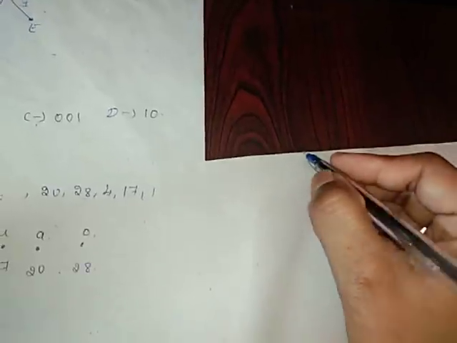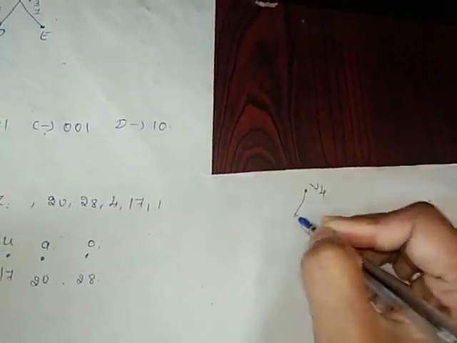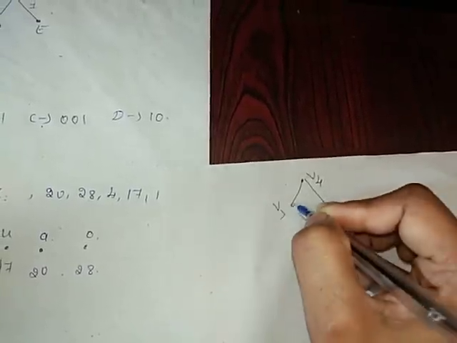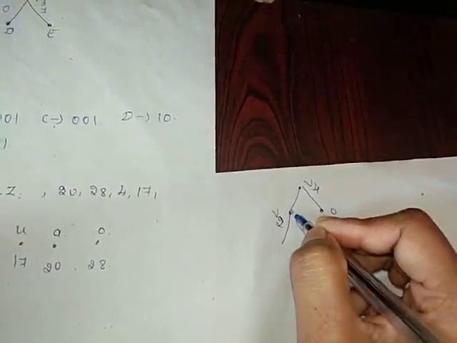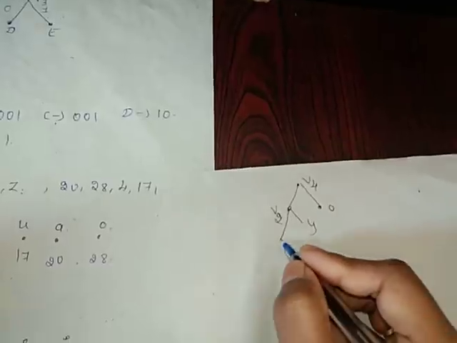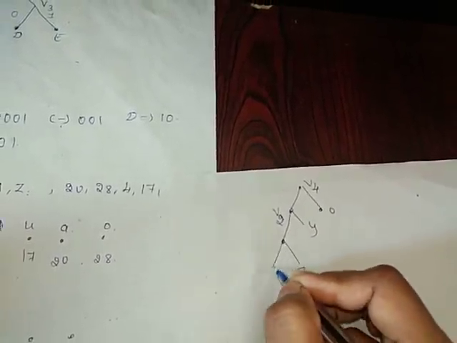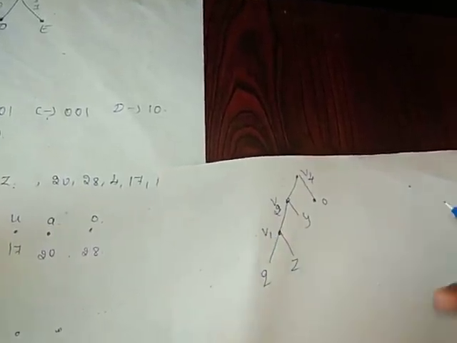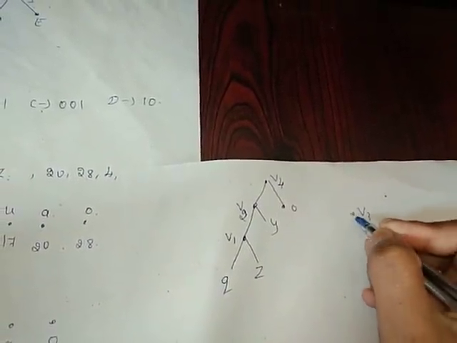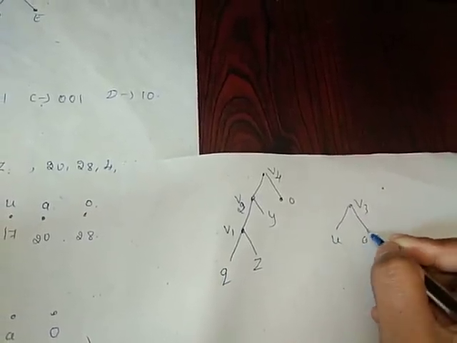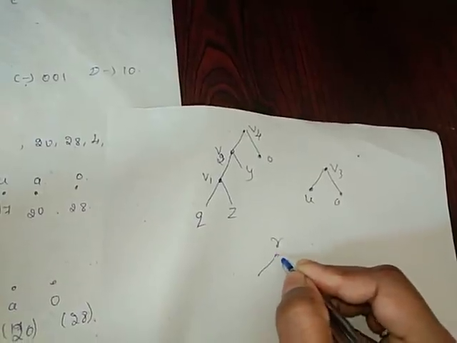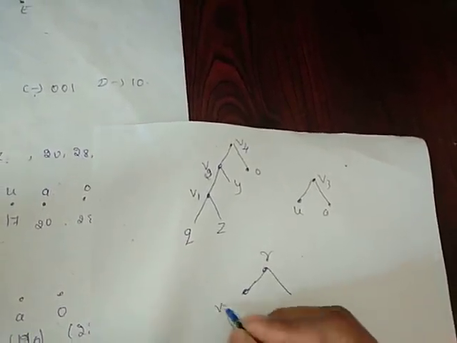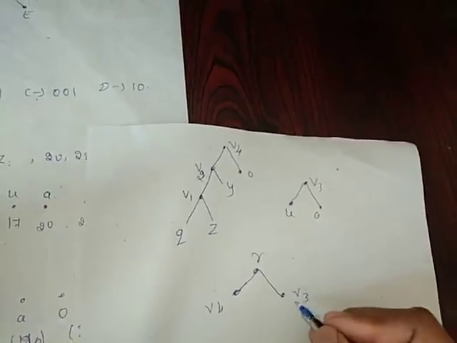Then the graph becomes V4, with V2 and O as children. The remaining one is V3, kept as it is, with U and A. So now the remaining vertices are V4 and V3 only. So construct the optimal tree, R as a root, with V4 and V3 as children.